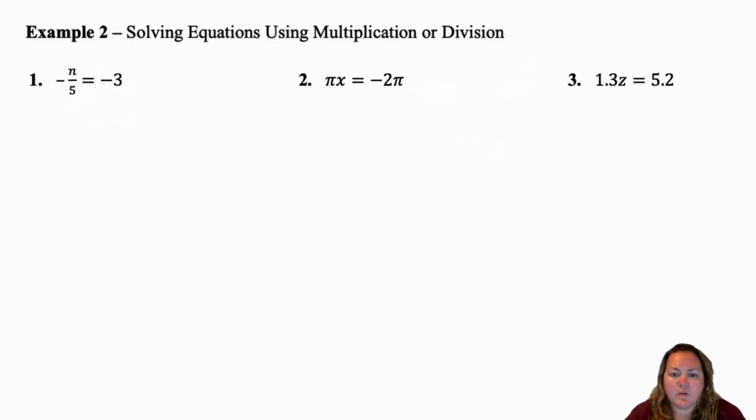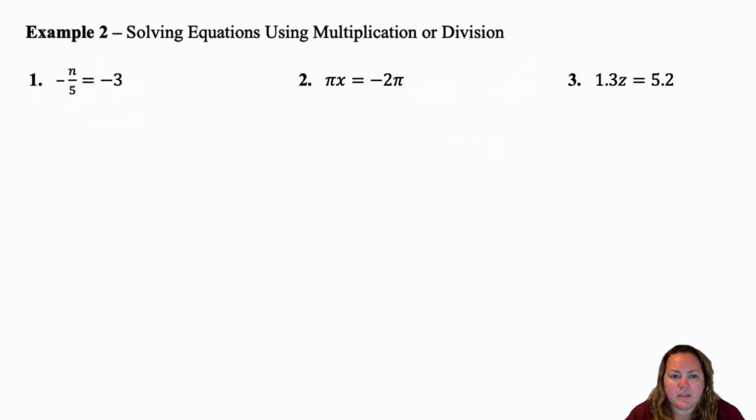All right, solving equations using multiplication or division. I have n over 5, and there's a negative out front. So negative n over 5 equals negative 3. I want to get n by itself. It's connected to that negative 5 by division. I'm going to put the negative down with the 5 because I can get rid of them at one time.